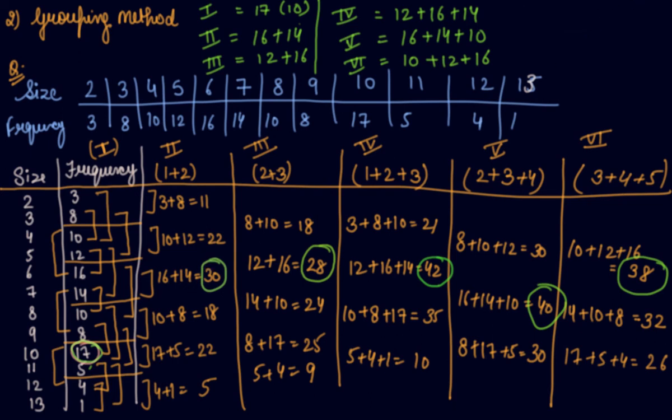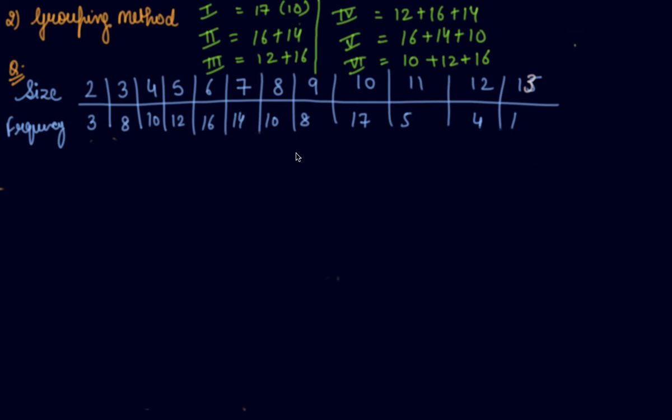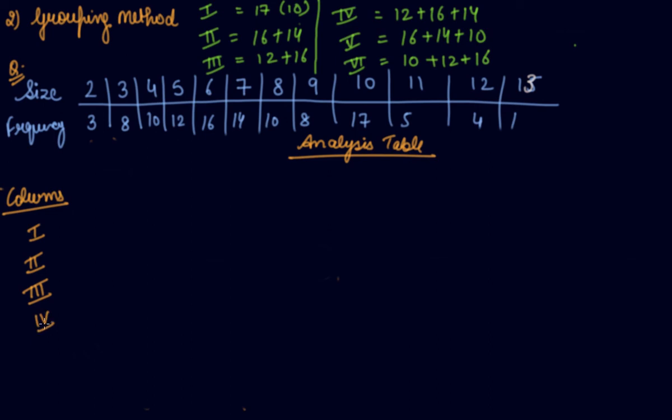Let's make the analysis table now. Here on the vertical side, we will write the columns. How many columns have you made? The first column, second column, third, fourth, fifth, sixth, and total column.